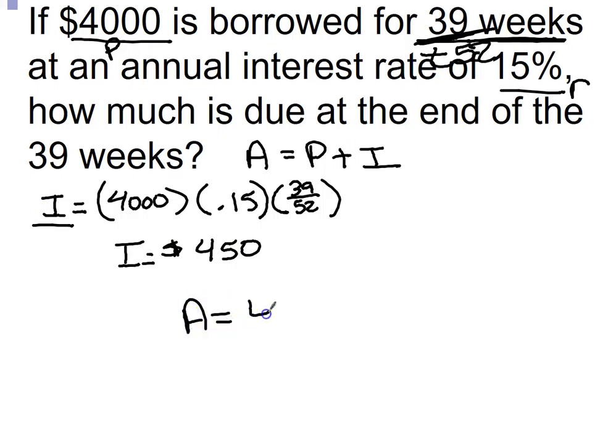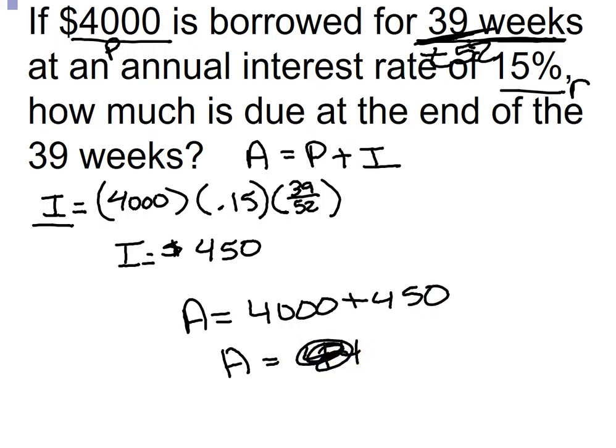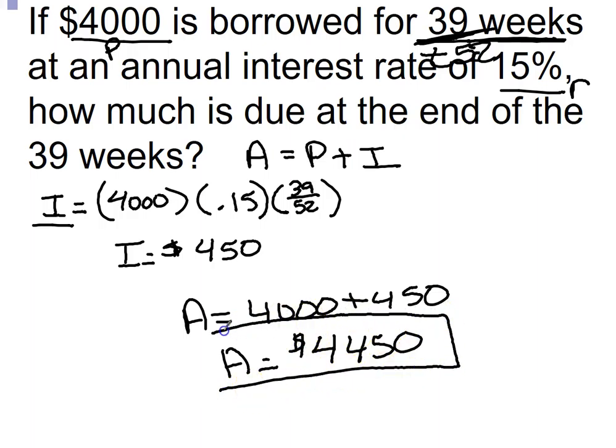So 4,000 plus the interest, which gives us $4,450. So this is the future value. This is the interest paid on that value.